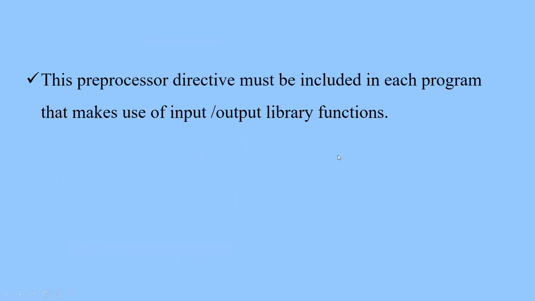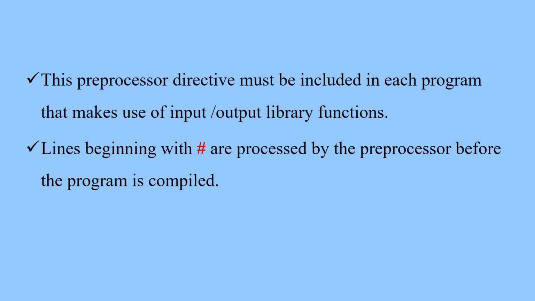This preprocessor directive must be included in each program, just as I have said, that makes use of input or output library functions. You are going to see these functions in my presentation.